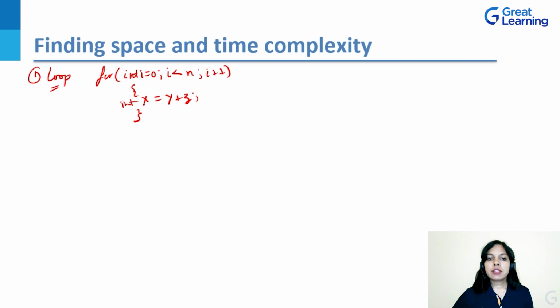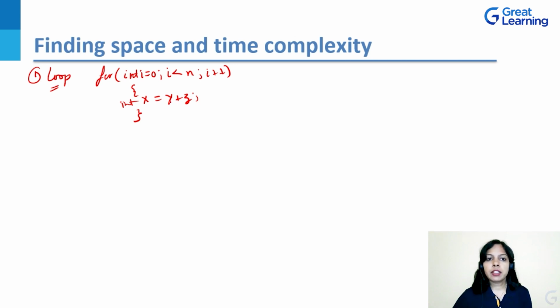If I ask you to find out what time this complete code is going to take if n is the input: if the number of inputs is only one, the for loop will run only one time, and this statement will run only one time. So time taken is only 1 unit of time, right?